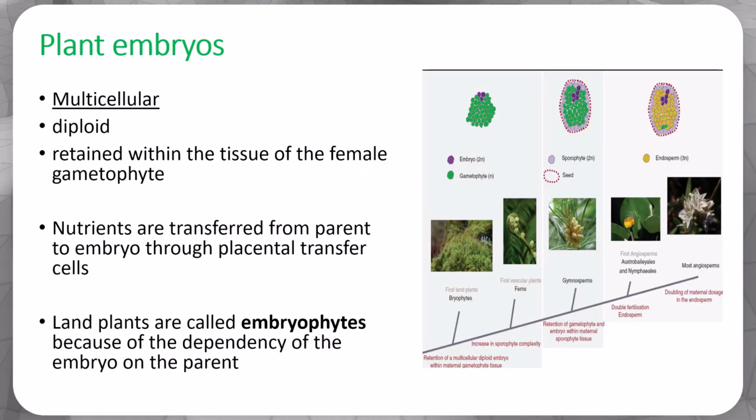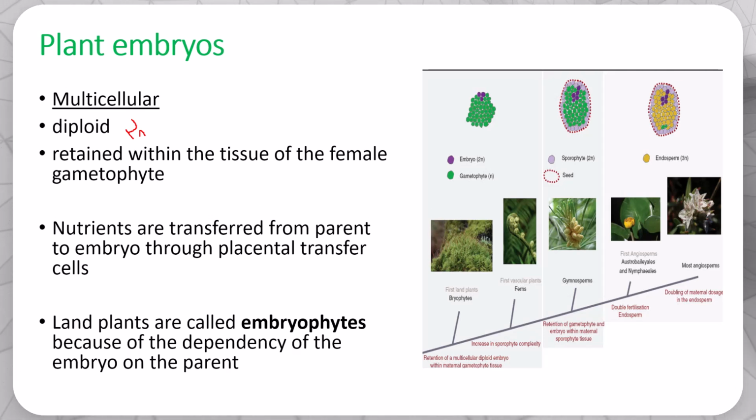So plant embryos then are multicellular. They're diploid, right? 2N. Oh, that was supposed to be 2N. Just pretend it's a 2. Go with it. And they are retained within the tissues of the female gametophyte. Now, we haven't gone over plant groups yet, but what the retained embryo looks like depends on the plant group.